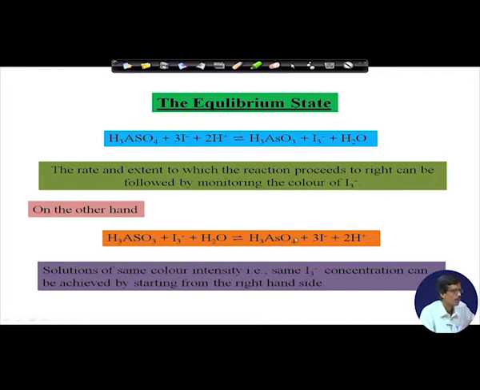At the beginning, when we do not have the triiodide species, both these things are colorless. When you start from the right hand side, both these things are colorless, but when you get the triiodide, the triiodide ion is strongly colored.